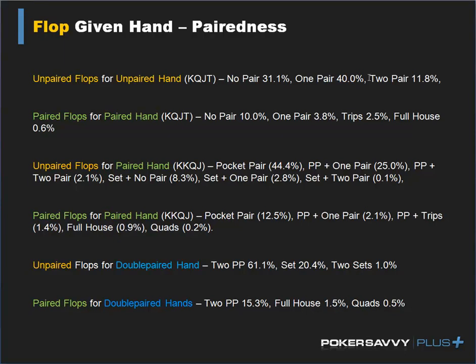And obviously the number that jumps out at you is that half of the flops you have when you have an unpaired hand will be an unpaired board that gives you at least one pair, which should show you, similarly to how a single suit in a single suited 7 isn't worth that much because everybody has a suit on average, that flopping bottom pair isn't worth that much because everyone has a pair on average.